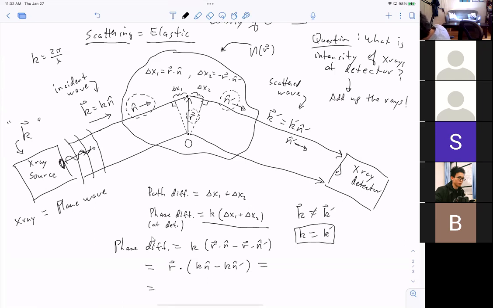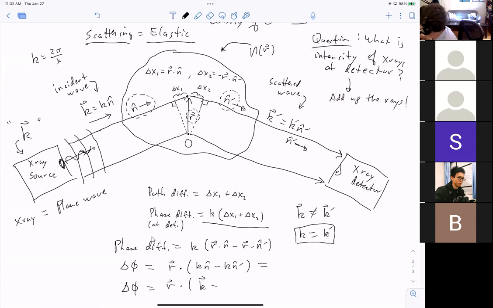And the phase difference, I'll just call it delta phi. But what is K times n hat? Maybe that's a trick question, but that's just the incident wave vector k. That's the definition; I have it written up there. And what's K times n hat prime?